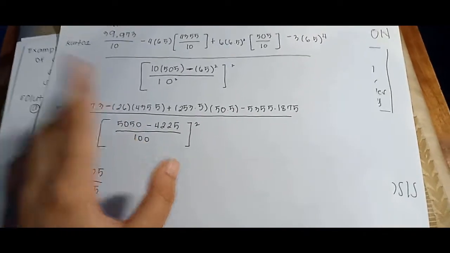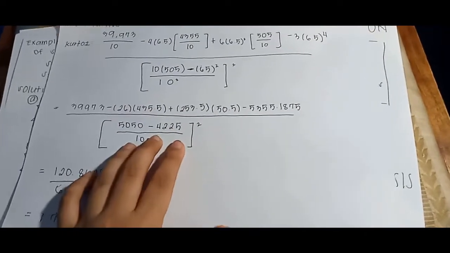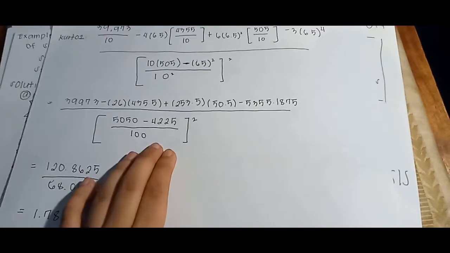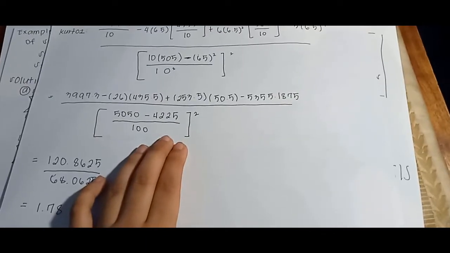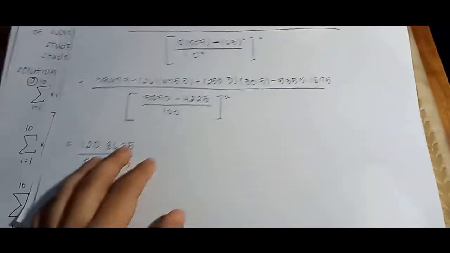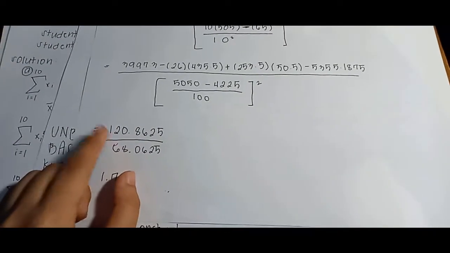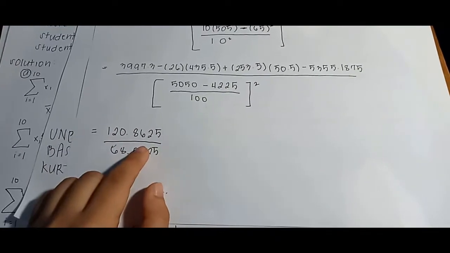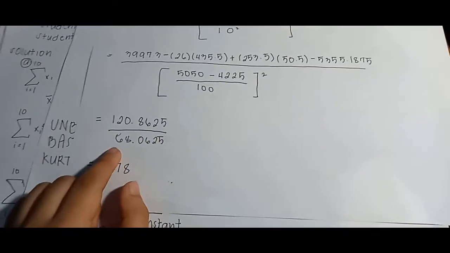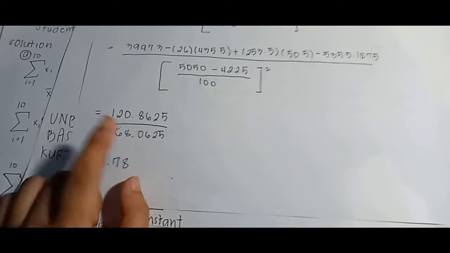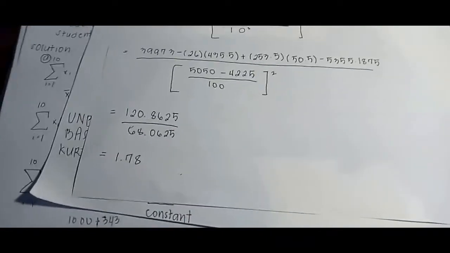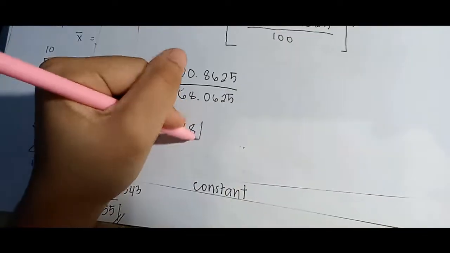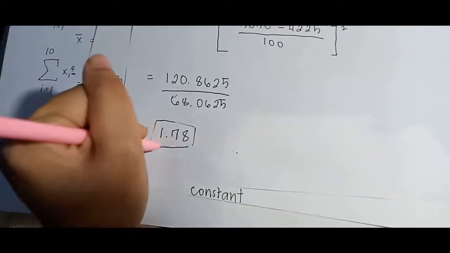And then before you divide this with the top, you have to multiply this by itself to get the correct answer. Then so we'll get 120.8625 over 68.625. So the answer we get is 1.78. Right here.